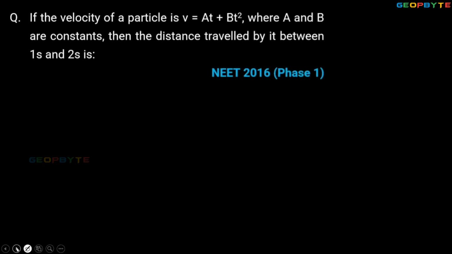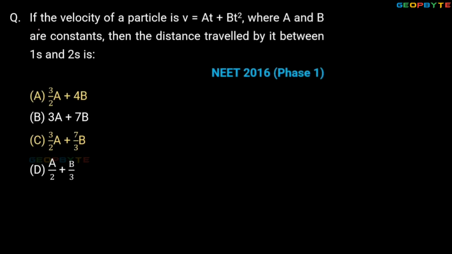Similarly, let us take another important problem. Look at the screen. It is asking like this: if the velocity of a particle is v equal to at plus bt square, where a and b are constants, then the distance traveled by it between 1 second and 2 seconds is? Velocity v is given as at plus bt square.